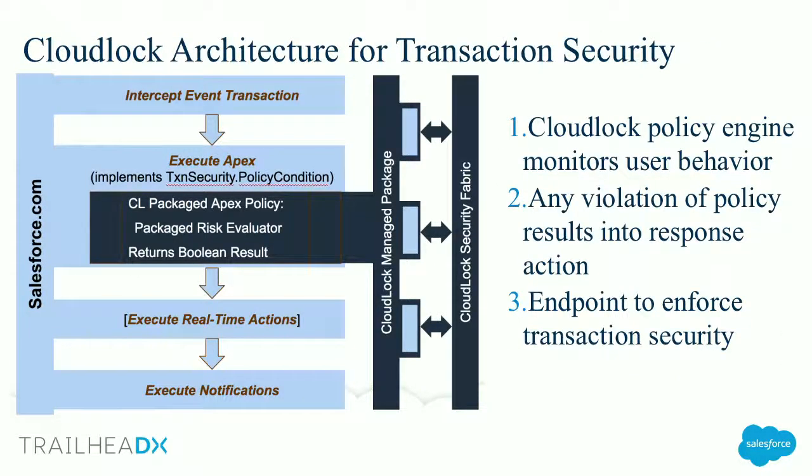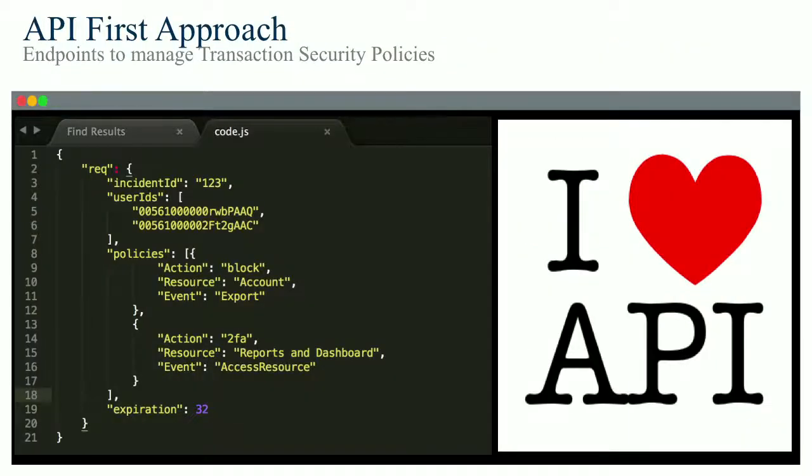I'm going to talk a little about the approach that we took in implementing transaction security. Not all policies should apply to all users. What we did was we created, as an example here, a payload that manages users and applies policies when needed.